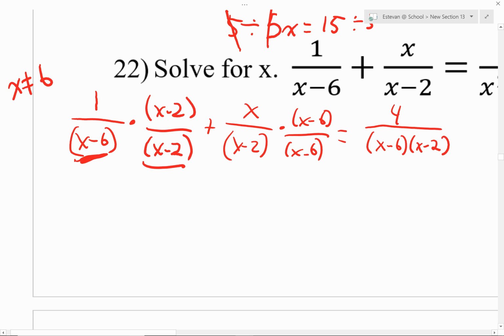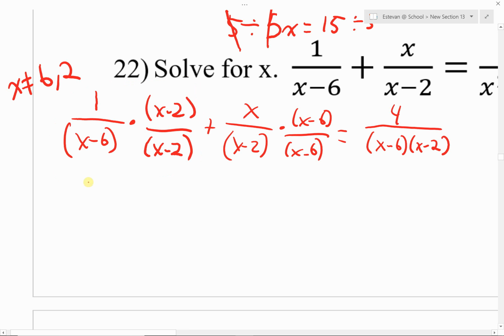X minus 2, that means it'll be 2. Here, it's the same here, so we don't have to worry about it. There, it's the same, that's the same, and that's the same. So my only options that x cannot equal are +6 and +2.